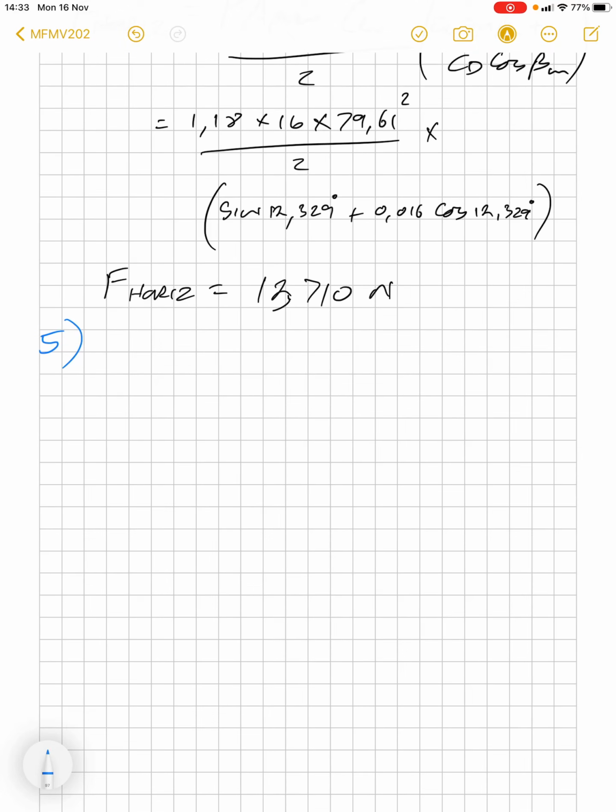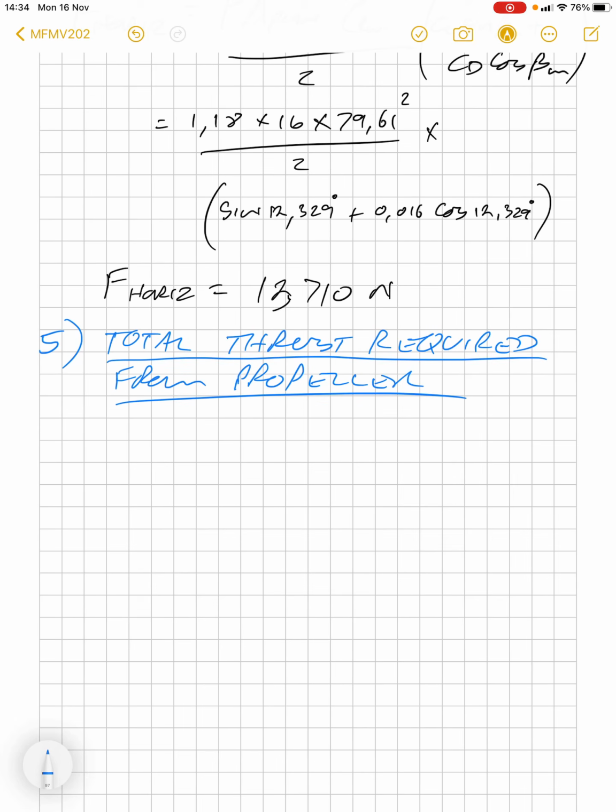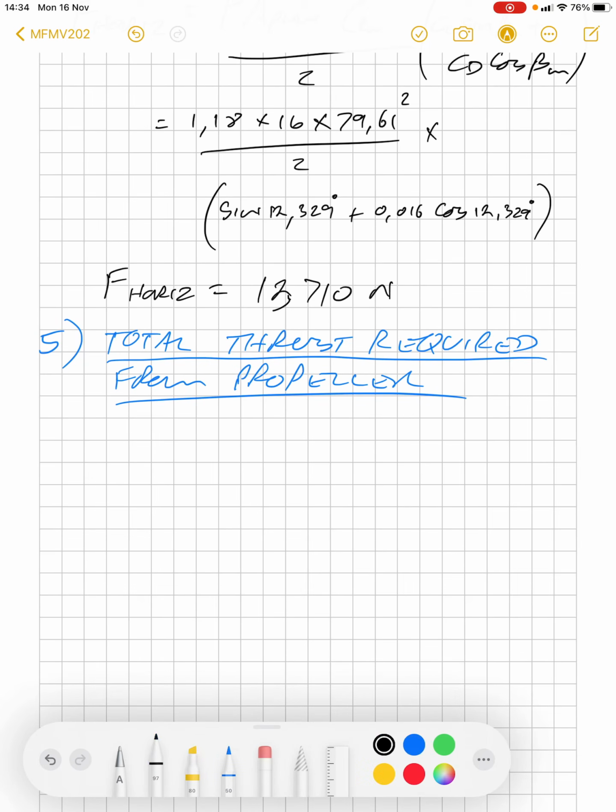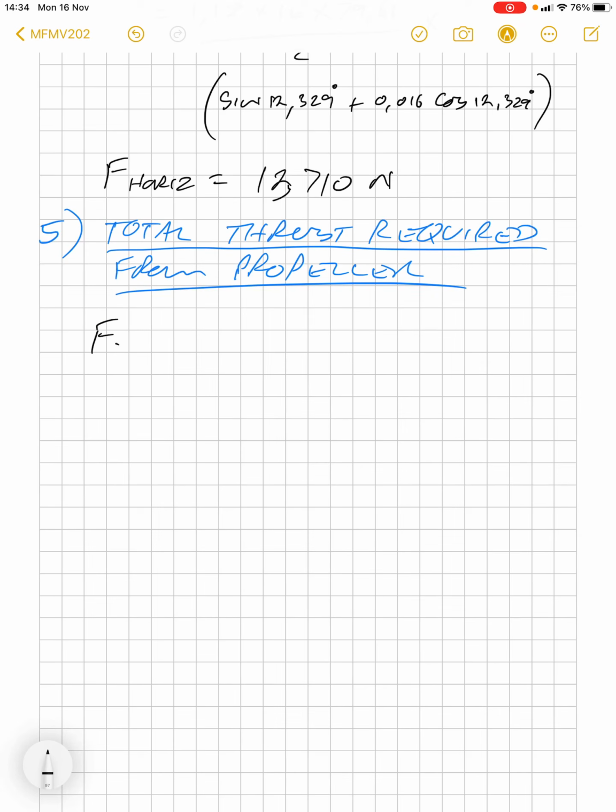Number 5, total thrust required from the propeller. Alright, so the thrust is equal to the drag force of the wing plus the drag force of the fuselage.